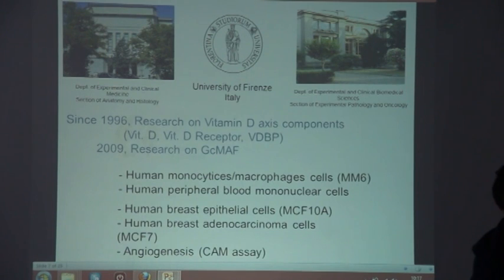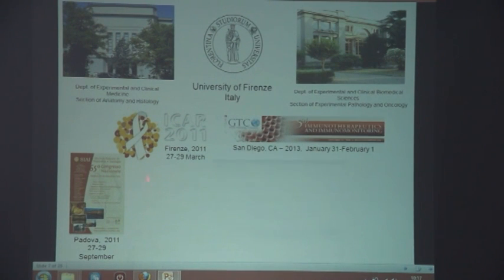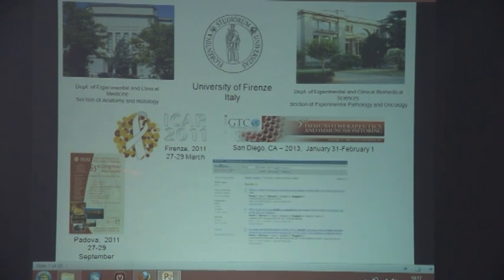And in these last 4 years, we have had some important presentations at national and international congresses, and 3 papers published in important scientific journals that you can find on the National Cancer Library.